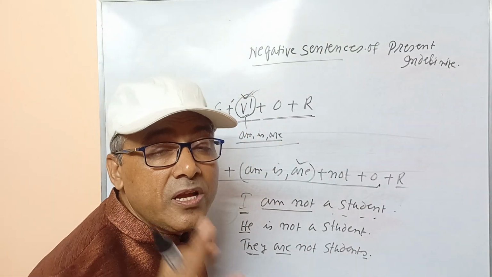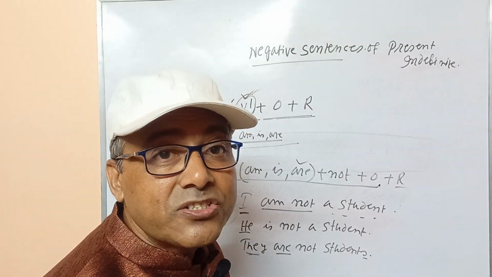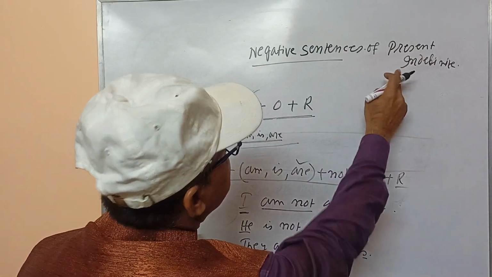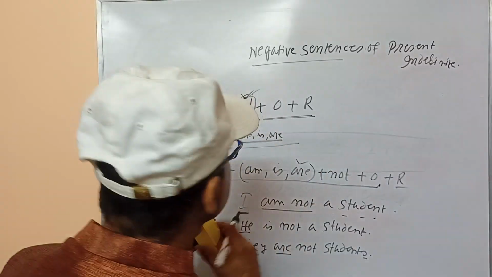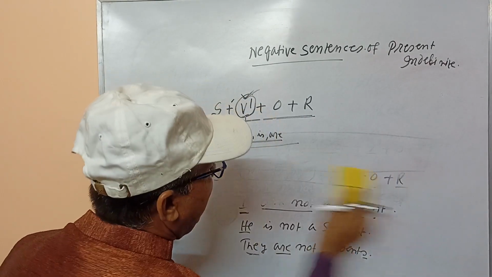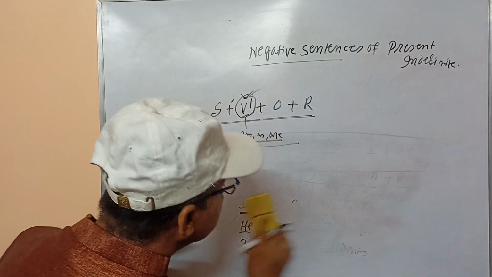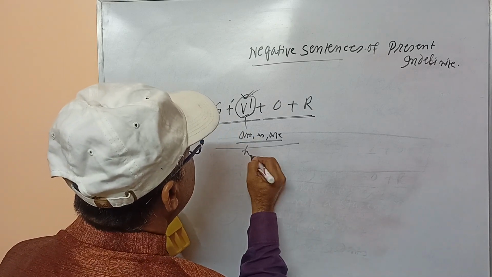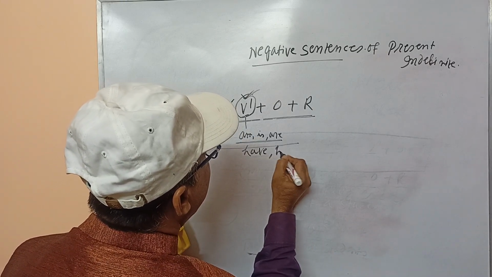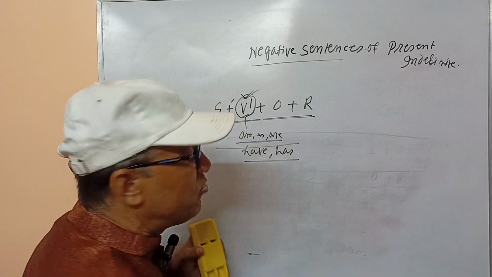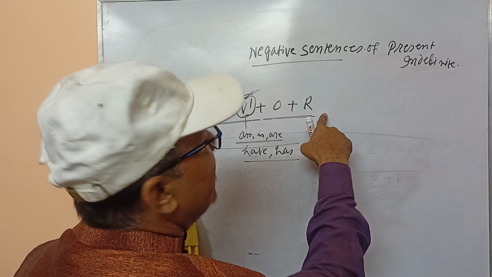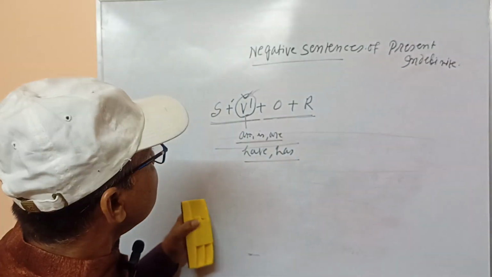Now I will show you again the negative sentences of present indefinite with the help of have verb. So with the help of have verb, how shall we create the negative sentences? Have, that means have or has. It was the affirmative formula: subject, have, has, object, and remaining. Right?